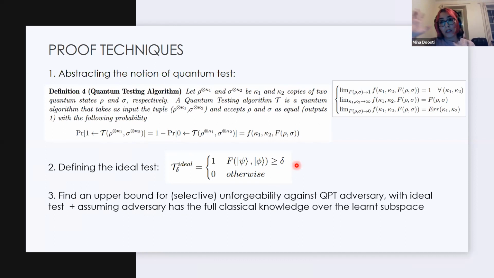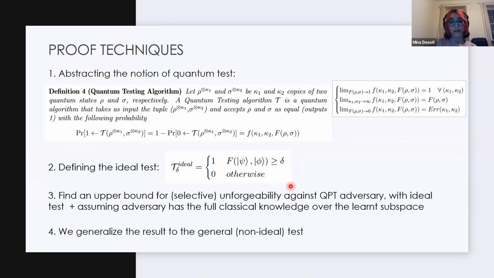Because we needed an upper bound, we also assume that the adversary, over the learned sample, has full classical knowledge. But in fact, if you ever try to tighten our bounds, this is the condition that you need to relax, because this is actually not the case. But even given that, we can get an upper bound that is good enough.